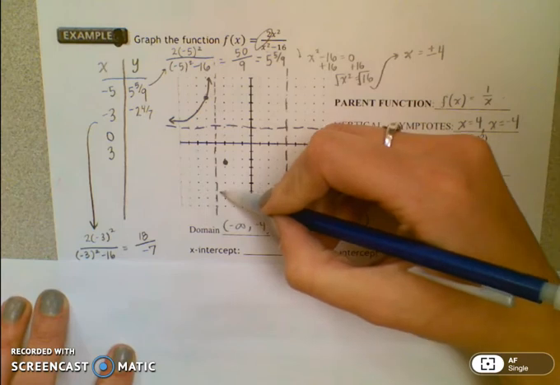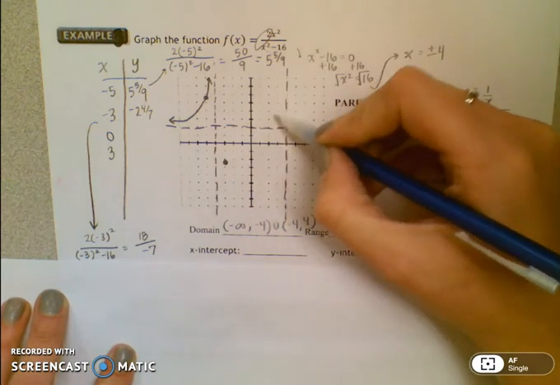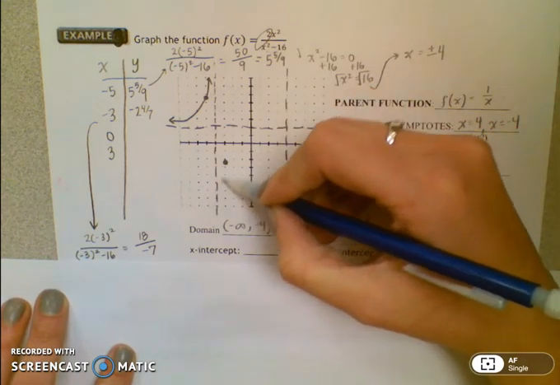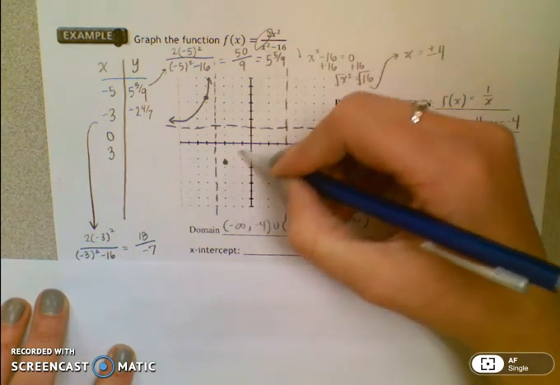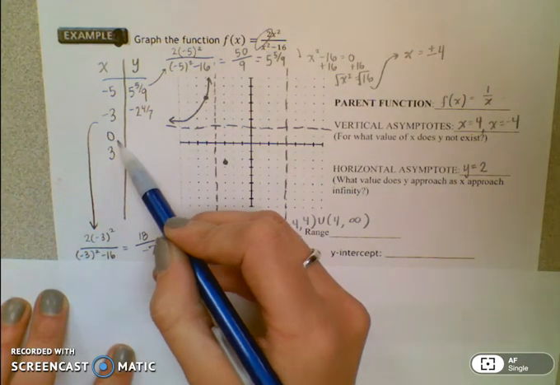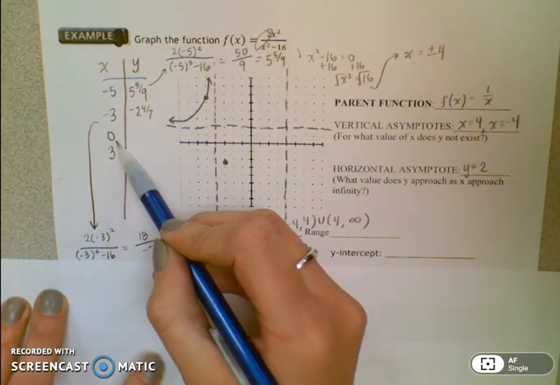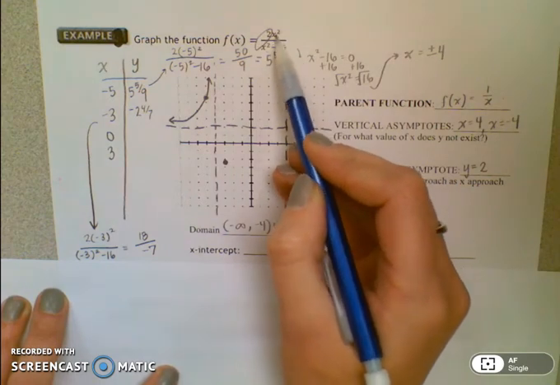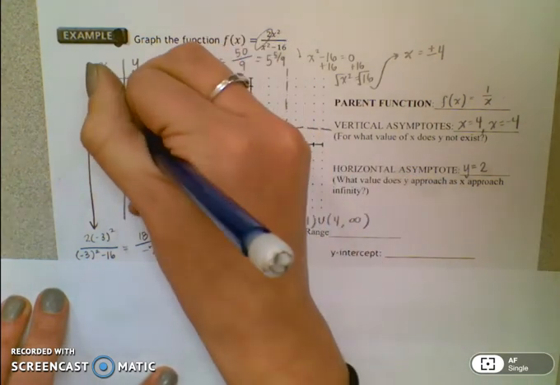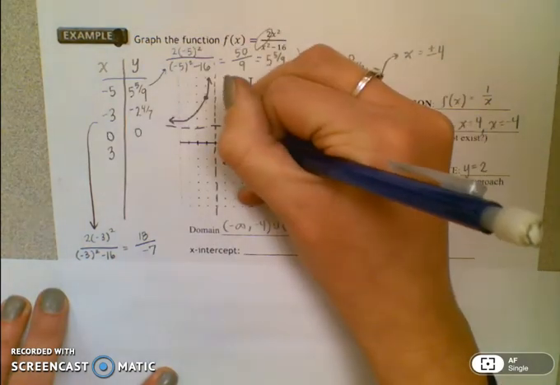I now know I'm either going to have the cubic shape starting in the negative direction on this left side, or a quadratic shape. So I need to test more. I'm going to test 0, and just like yesterday's problems, when I plug in 0 to this numerator, I get 0. 0 divided by any number is 0.